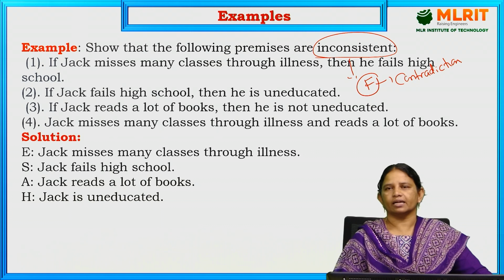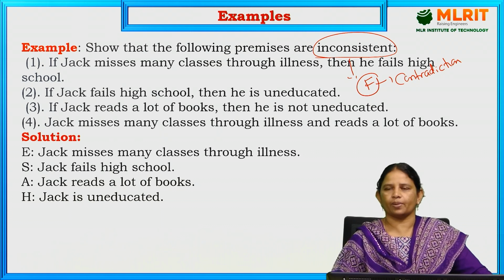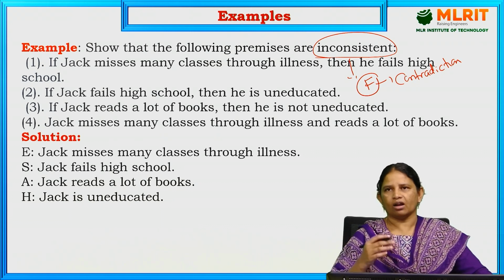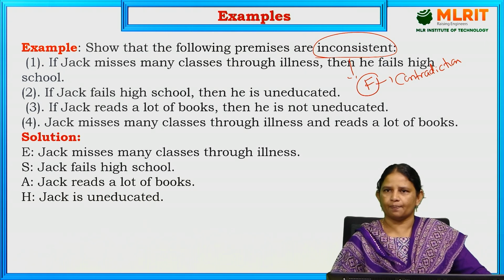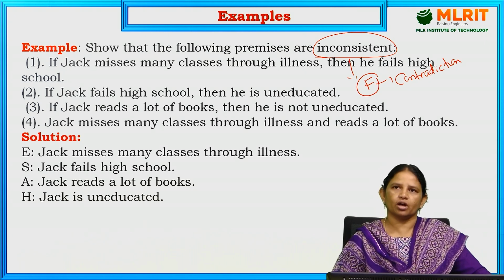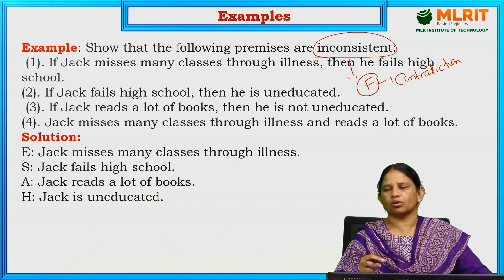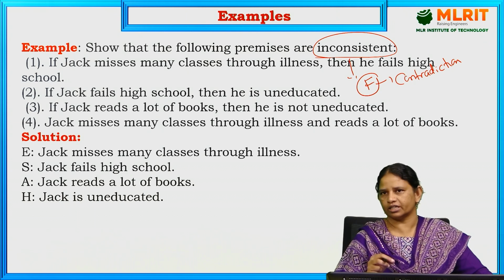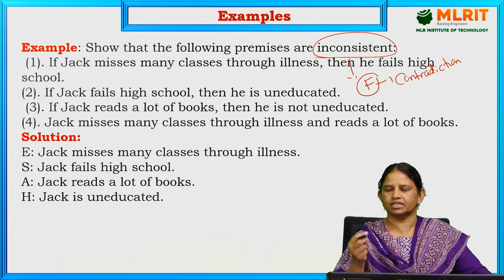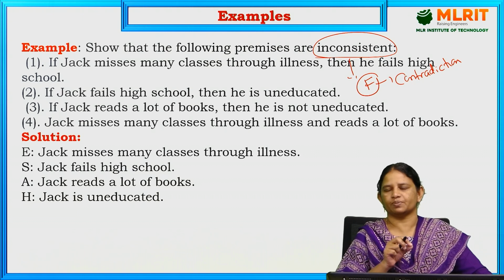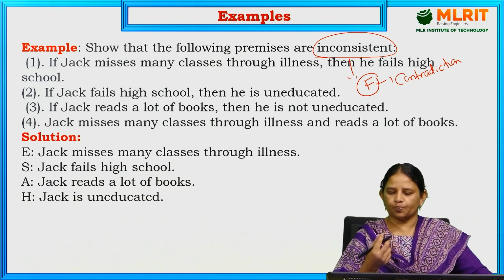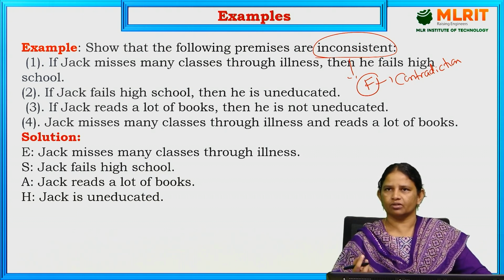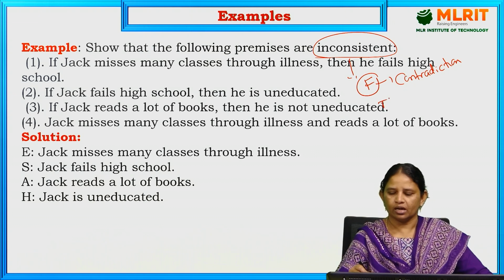So, we can write the rules of inference, we can apply rule P and rule T, write the set of premises as applied, and derive the final conclusion. If the final conclusion is a contradiction or false, then we can say that the premises are inconsistent. Suppose the set of premises derives the conclusion as true, then we can say that it is consistent.